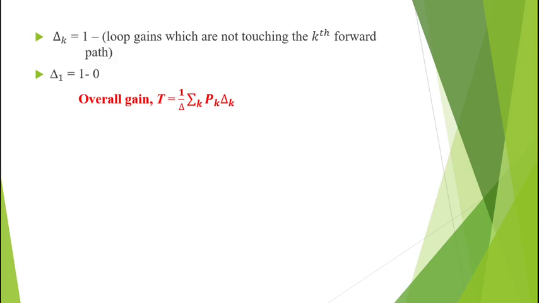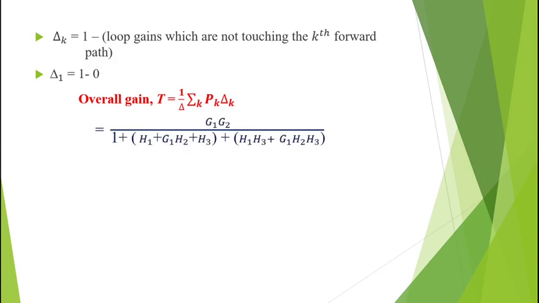So the overall gain is g1 into g2 divided by 1 plus h1 plus g2 h2 plus h3 plus h1 h3 plus g1 h2 h3. That is, p1 delta 1 is this, and 1 by delta is this term. This complete term is 1 by delta. This is the value of delta. And thank you.